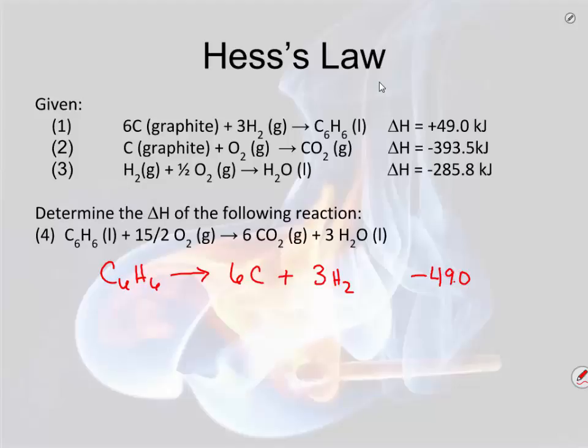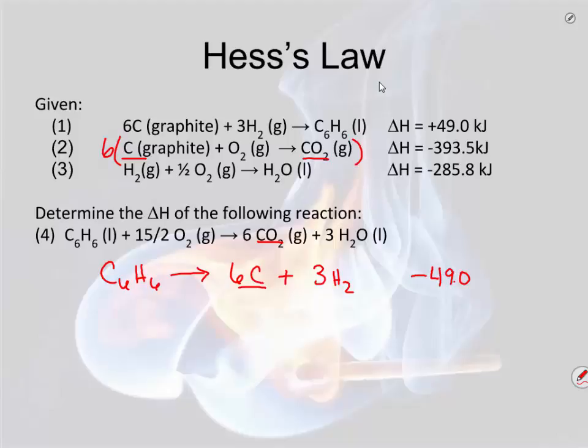So for this one, what do I have similar? So maybe my CO2s are similar. So it should stay a product here, and it should stay a product here. But if I notice my carbon, okay, it needs to eventually go away. So right now I have 6 down here, but I only have 1 there. So they're not going to cancel. So I'm going to have to multiply this whole equation by 6, so that my carbons will eventually cancel, and then I'll have 6 CO2s.